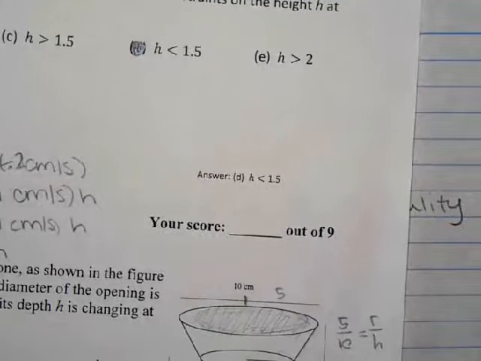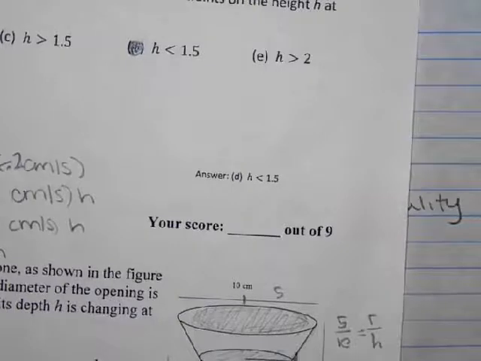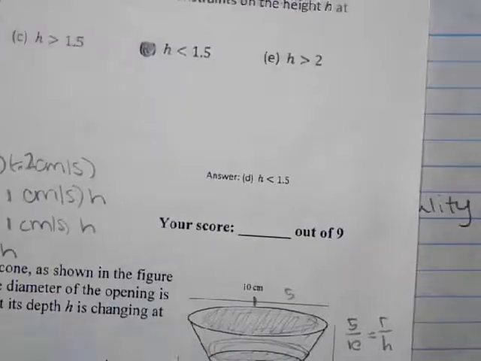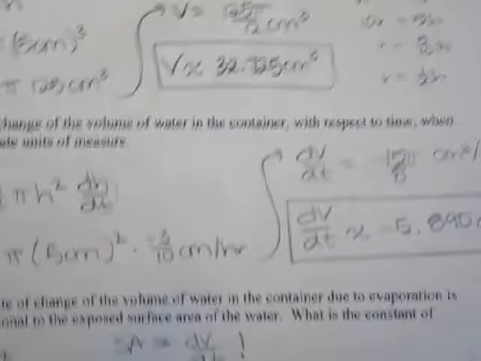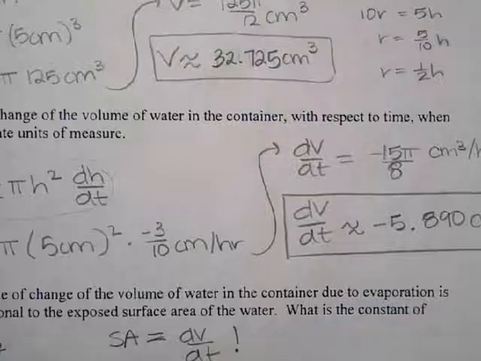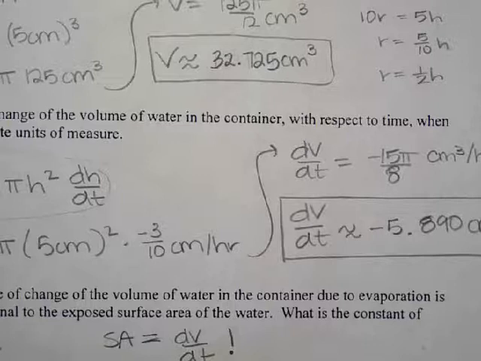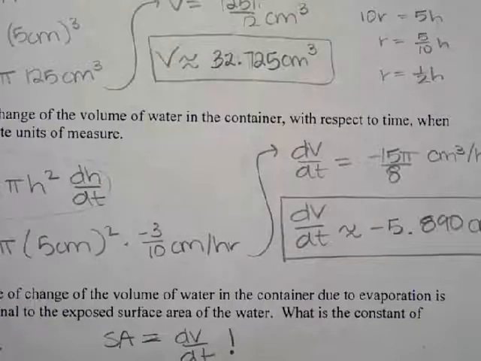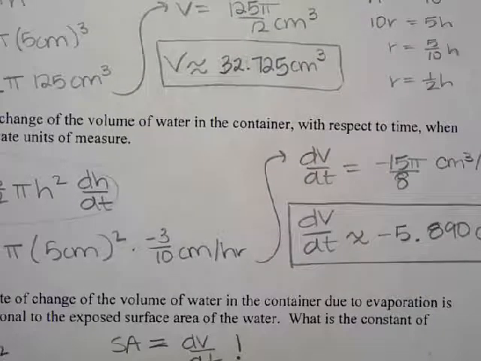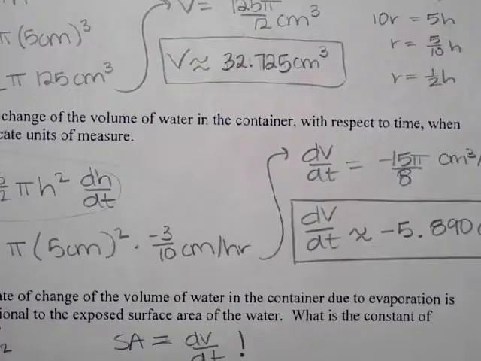And that is making a difference to how much evaporation is happening. If you have more water on the surface, then you're going to have more evaporation. Does that make sense? Because you have more water showing. So they're saying they're directly proportional to each other. If I have more surface water, I'm going to have more evaporation. If I have less surface water, I'm going to have less evaporation. So there's a direct correlation there.